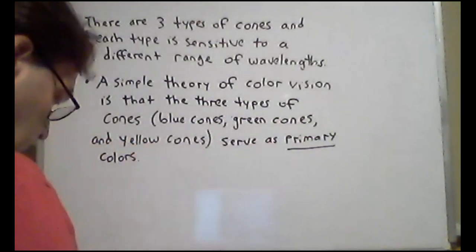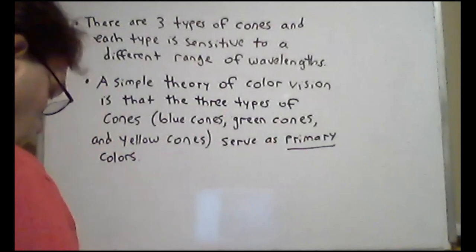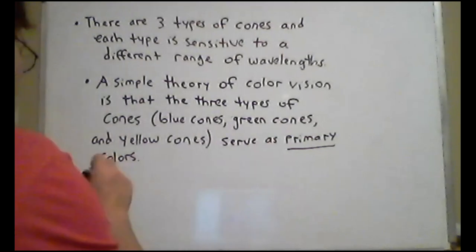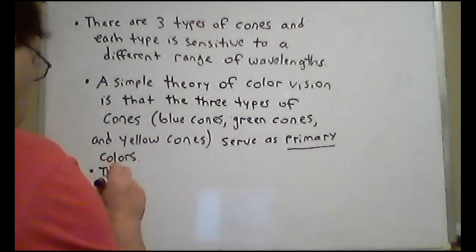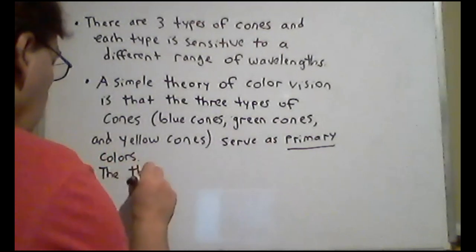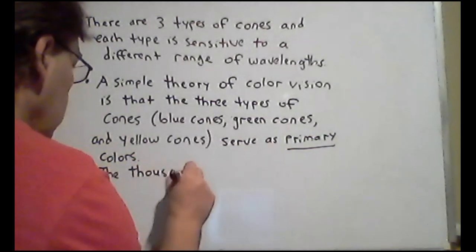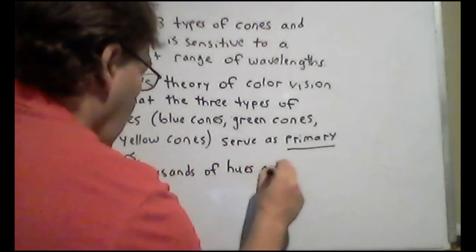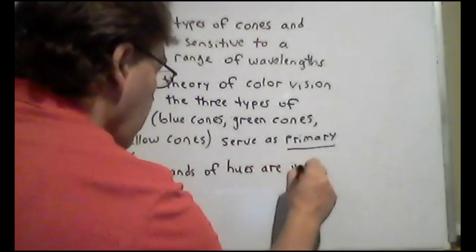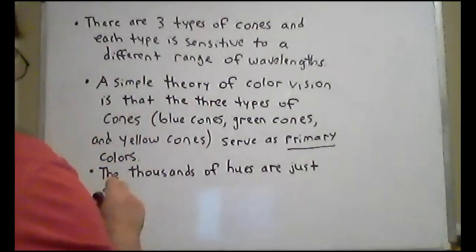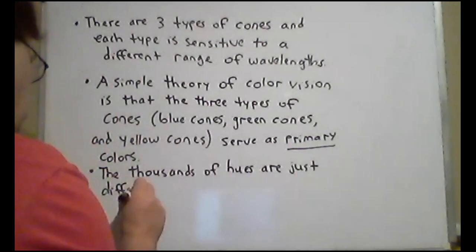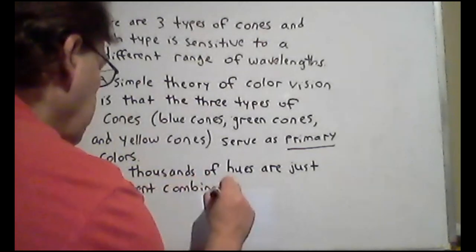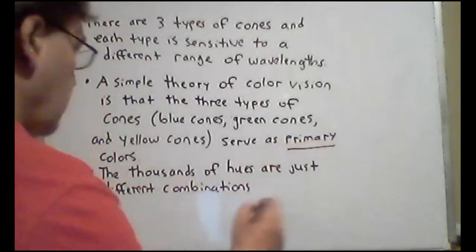Okay, so they serve as the primary colors, and the thousands of hues are just combinations of these 3 types of cones, right? So the thousands of hues are just different combinations of these 3 types of cones.